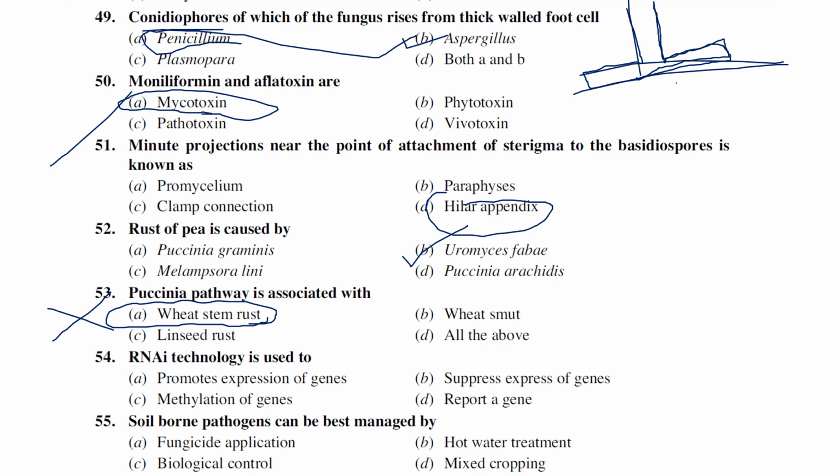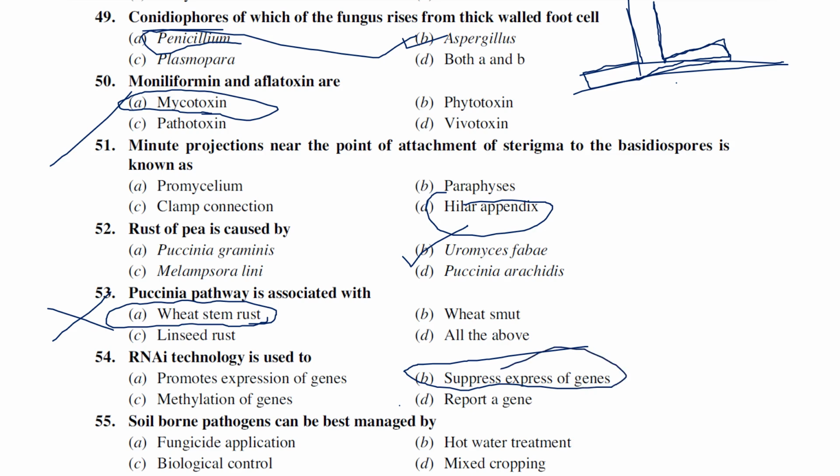This RNA interference technology is used to promote the expression of genes, suppress the expression of genes, methylation of genes, or report genes. Generally, RNA interference cuts the expression of the genes. So the answer is suppression of expression of genes.